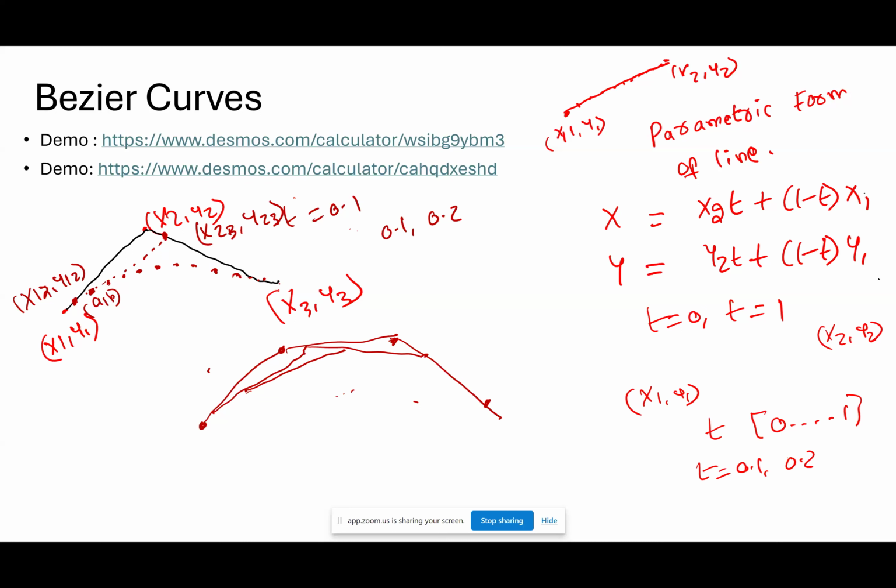So it's like a recursive thing. Get it? Finally, after you trace this point, you will get something like a cubic form, and these are called the control points. Okay. Now we will see the demo.